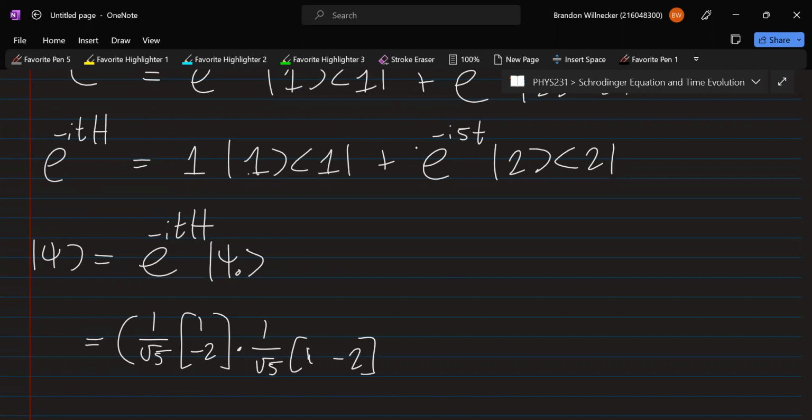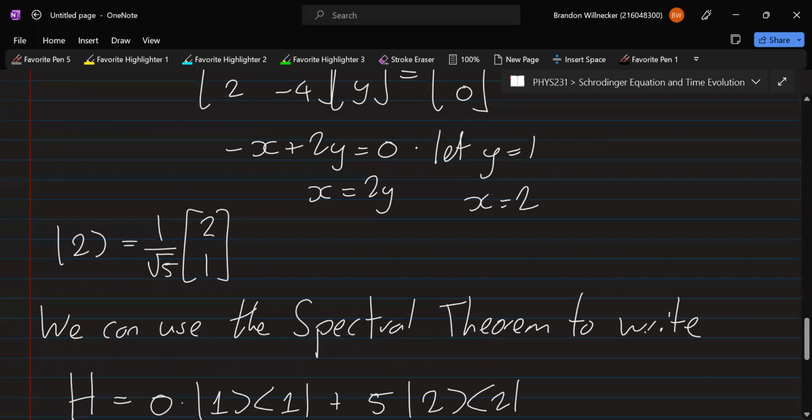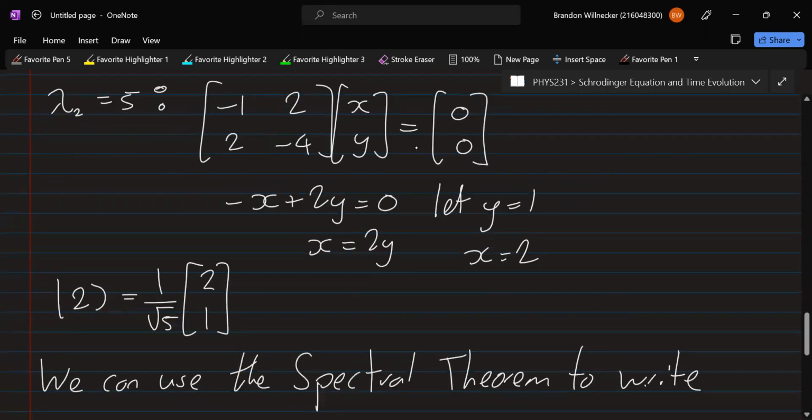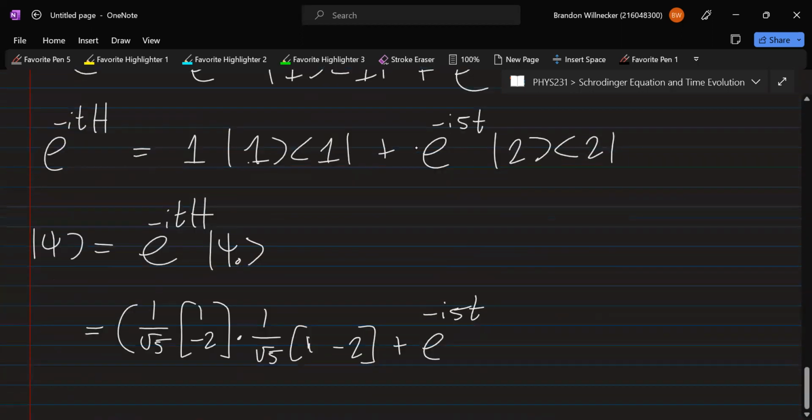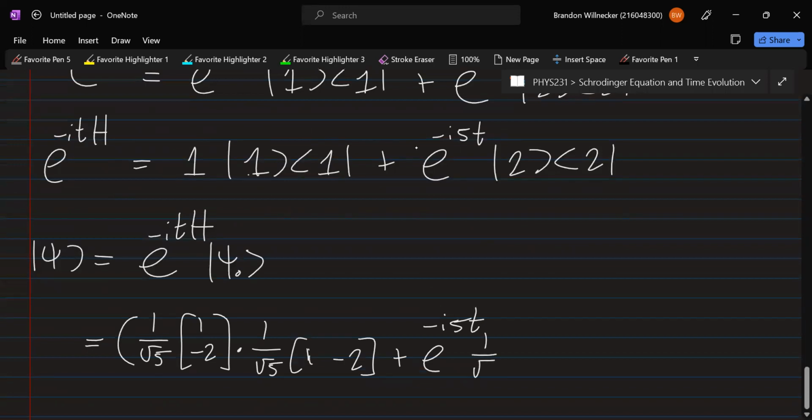Remember to do the complex conjugation if we have any complex numbers there. Okay, so that's the first part, plus e to the minus i 5t, and then the second eigenvector, that was 1 over root 5, (2, 1). Okay, so we've got 1 over root 5, (2, 1) as the ket form, and then we need the bra form, so that's 1 over root 5, (2, 1).